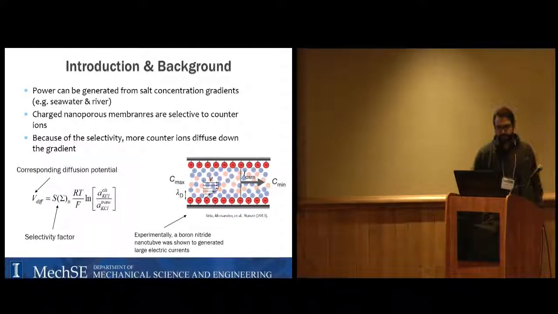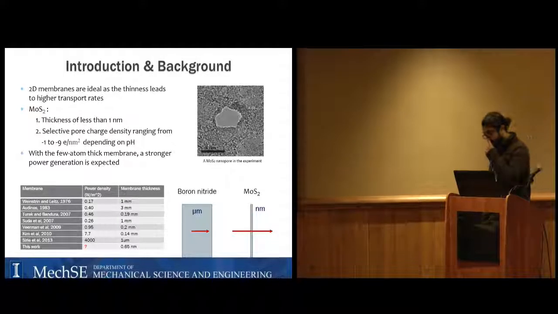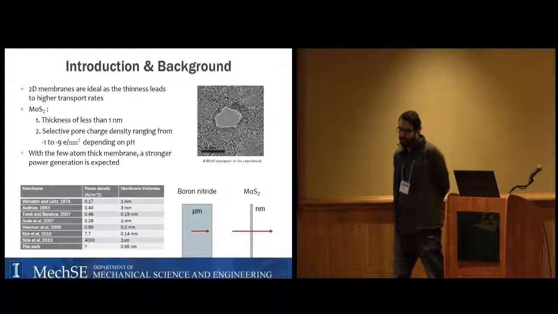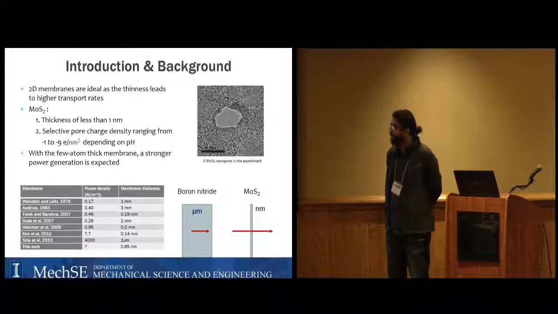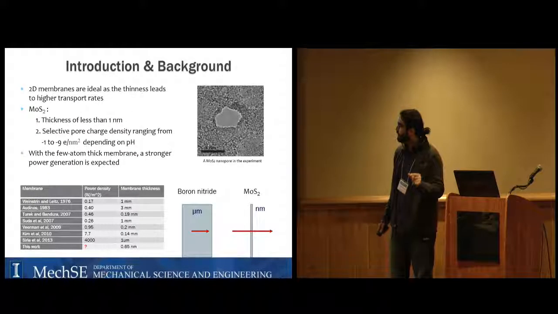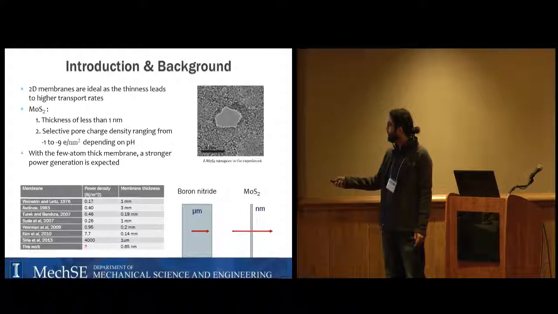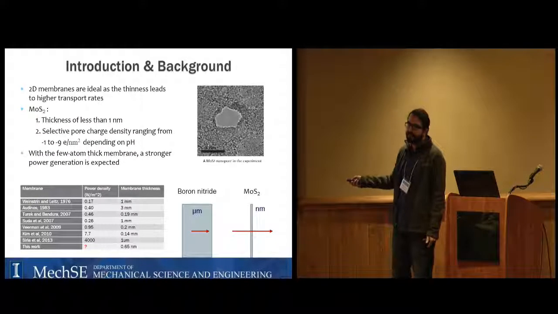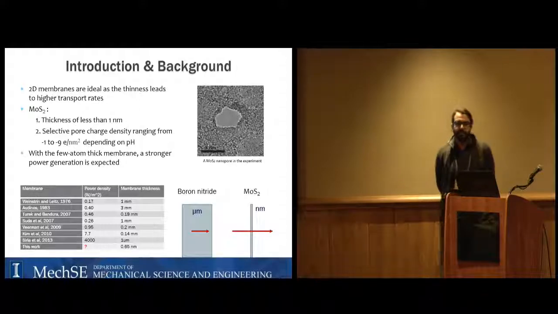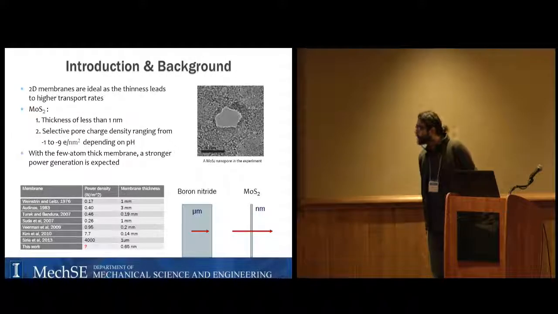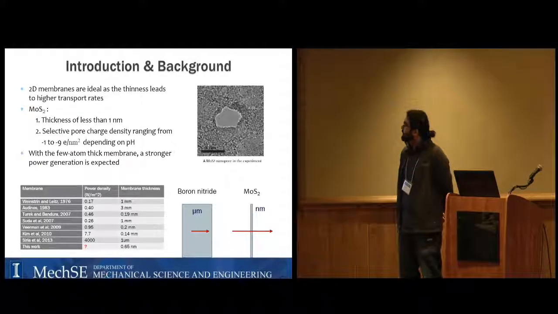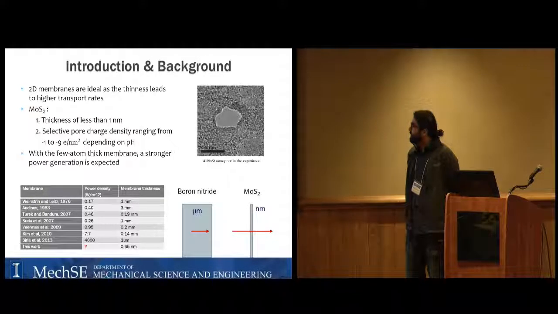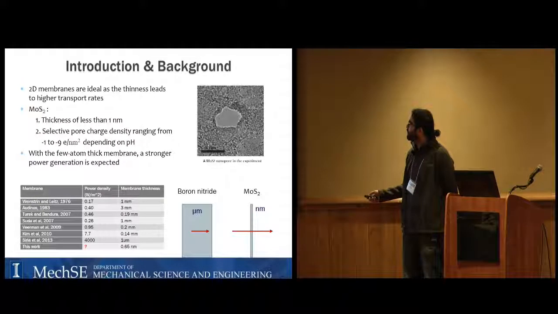But now we know that flux scales inversely with the thickness of the membrane. So if we go from micrometer to nanometer, we should expect much higher current. That was the idea and motivation behind this problem.